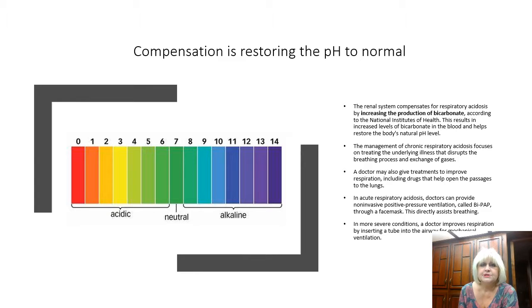The colored bars on the slide that look like a rainbow are the different levels and colors that are universally associated with pH levels. Notice the acidic are on the far left from 0 to 6, with 0 being the most acidic. It gradually becomes less acidic as it moves to the right.